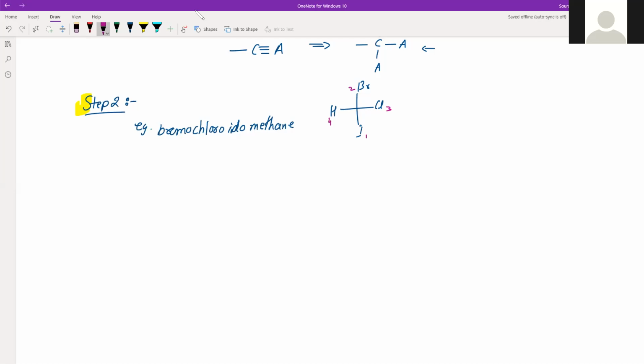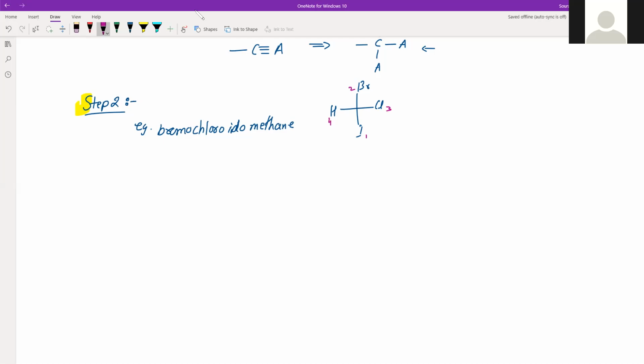Now we have to draw it in such a way that the lowest priority is farthest from us, directed away from us. In order to understand it, take the example of the steering wheel of a car.